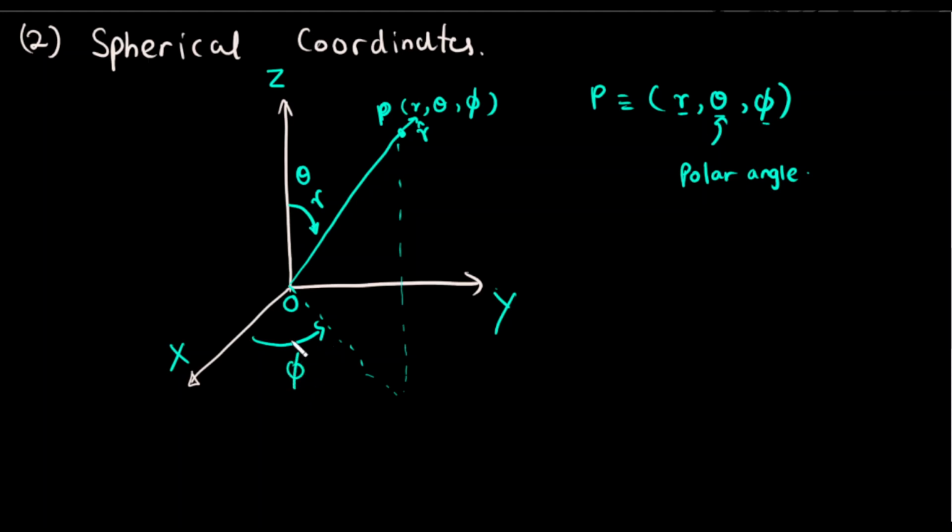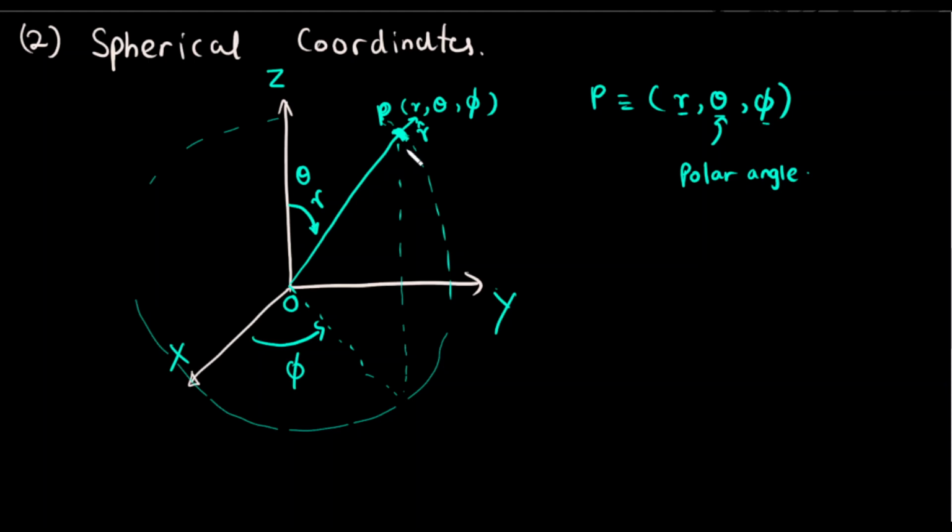If we draw a sphere with a radius r, it is going to look like this. This is just like an infinitesimal element of a sphere.